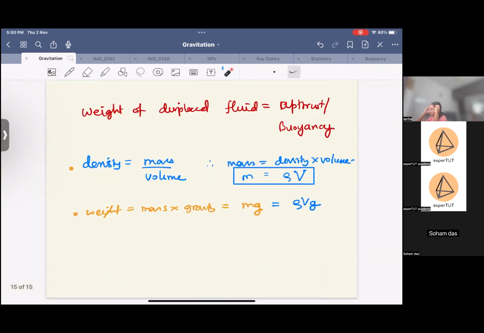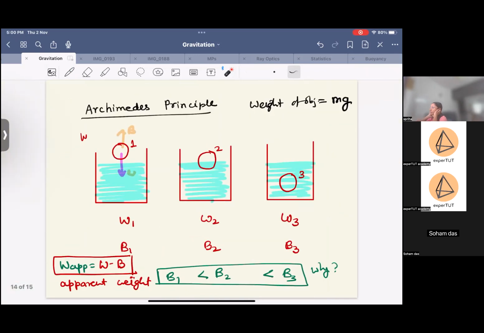When you are submerging it more, what are you increasing? You're increasing the pressure inside. See, how much volume of water is displaced here, this much volume.